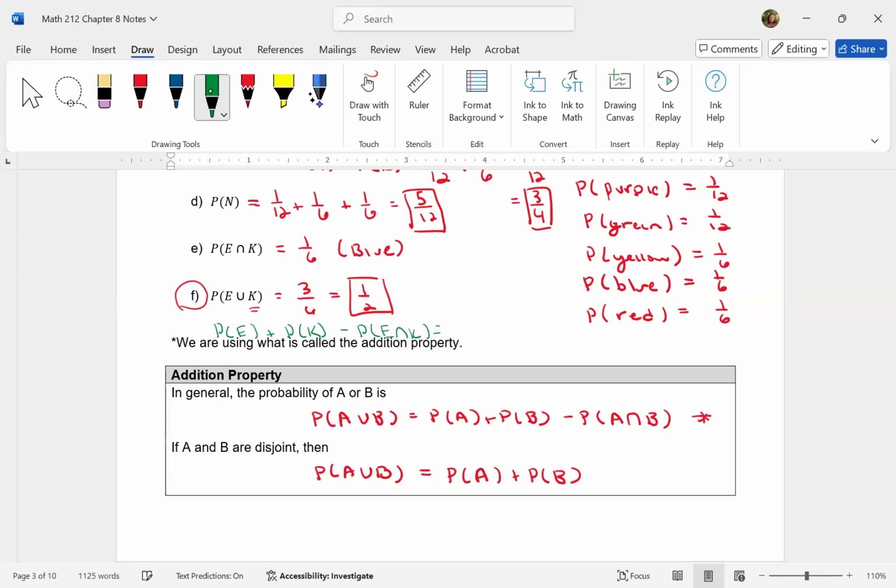All right, so probability of E is 3/6 or 1/2, plus the probability of K, we already found it's 1/6 because there's only one item and it's blue, minus the probability of E intersect K, which we found in part E, which is 1/6 again. So these two basically end up canceling and we're left with 3/6, which is 1/2.